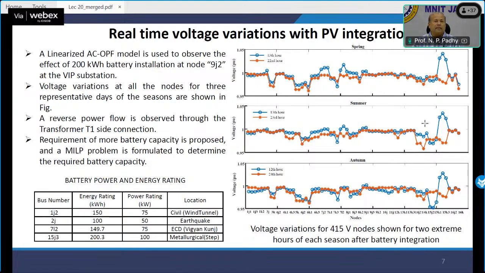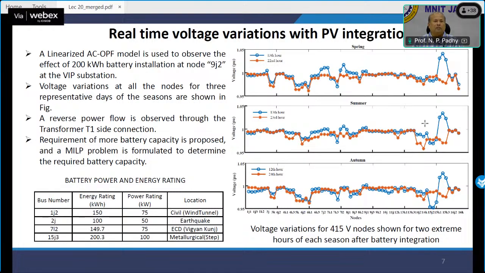A linearized AC optimal power flow model is used to observe the effect of a 200 kilowatt hour battery installation at node number 9J2. That is how they have been numbered at the VIP substation. And voltage variation at all the nodes for 3 representative days of the season is shown in the right-hand side figures.